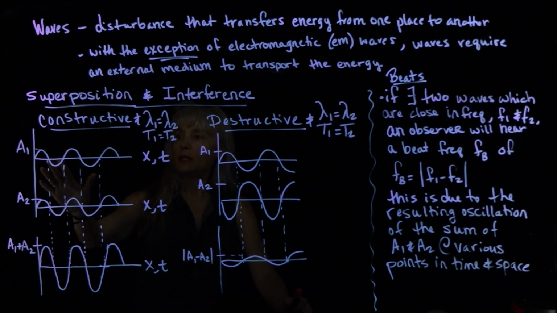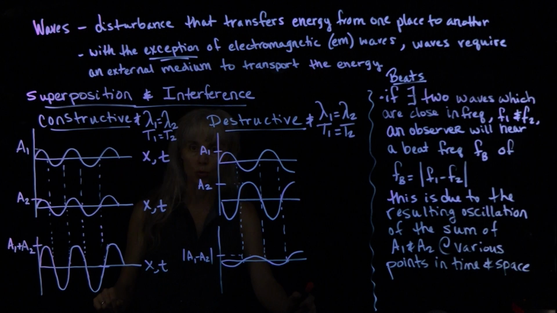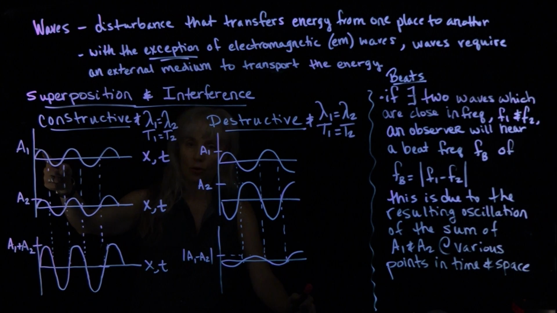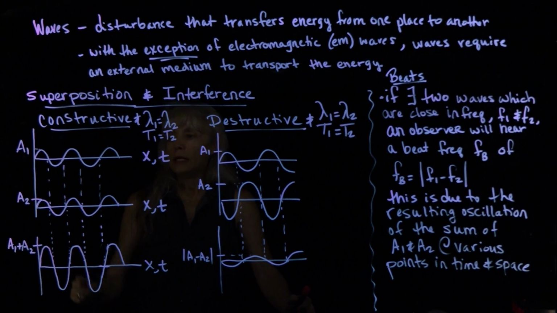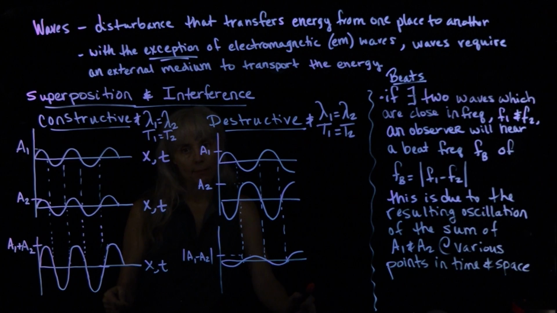So you can see here that the crests and troughs are lining up for waves 1 and 2. Wave 1 has a crest in time and space, where wave 2 has a crest in time and space. Notice that on the horizontal I have time and space. In addition, the troughs are lining up.